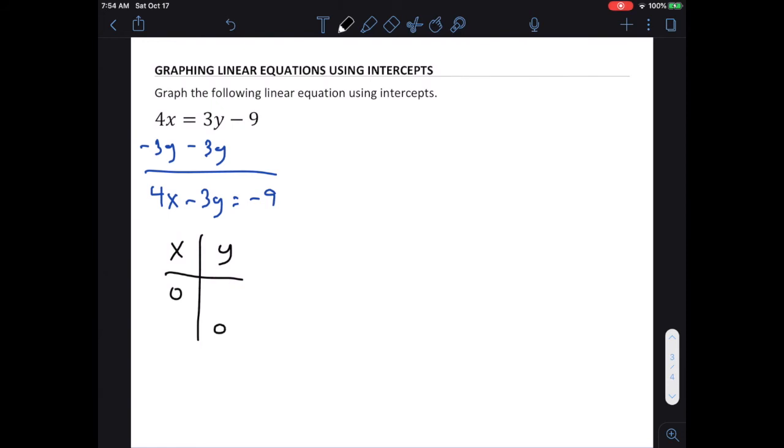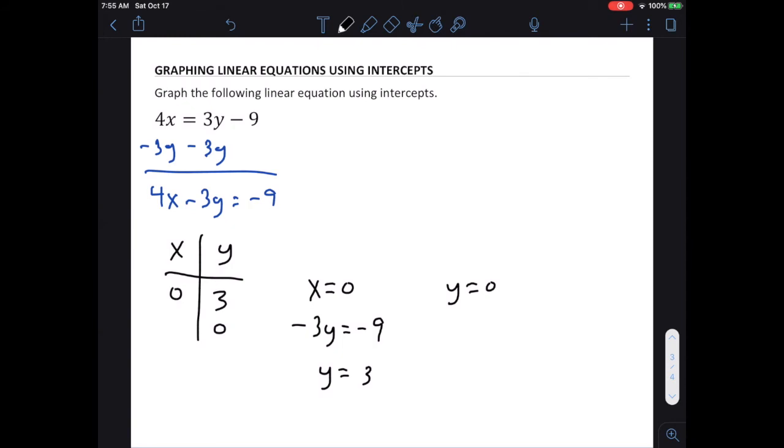And then when I evaluate this, when x is 0, I know that the 4x disappears. So when x equals 0, I end up with negative 3y equals negative 9. Divide by negative 3, y is equal to 3. So I can go ahead and put that in my table. And then when y is equal to 0, this one gets a little bit goofy because we can't divide negative 9 by 4 evenly.